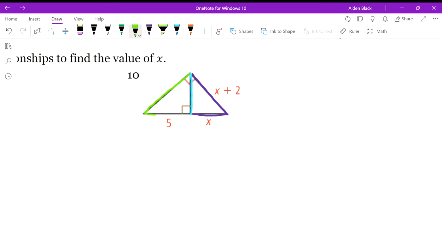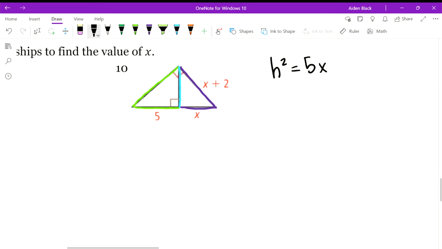Here's one leg, here we have that. We could actually use this. Let's say h squared is equal to the two parts of the leg multiplied. Okay, but we don't have x or h. Dang, that stinks. But we have enough if we write a couple equations.